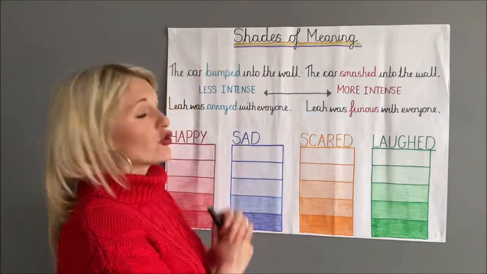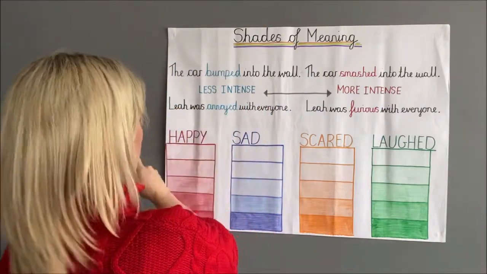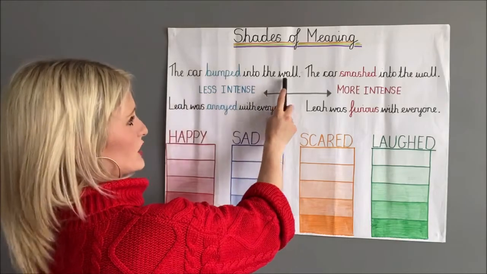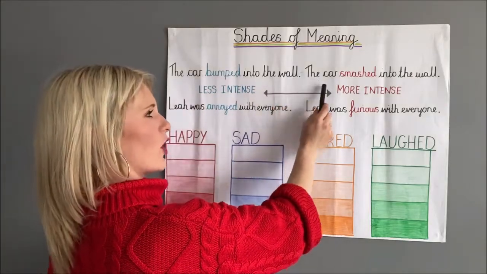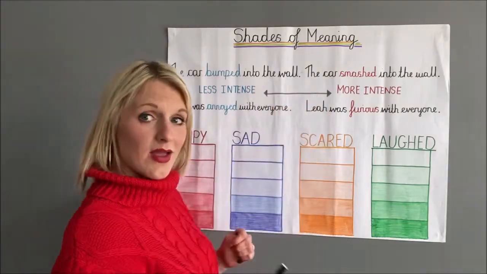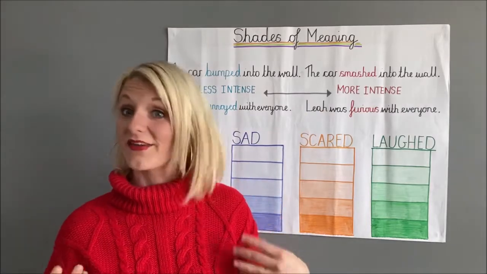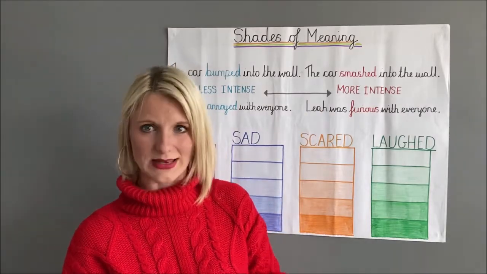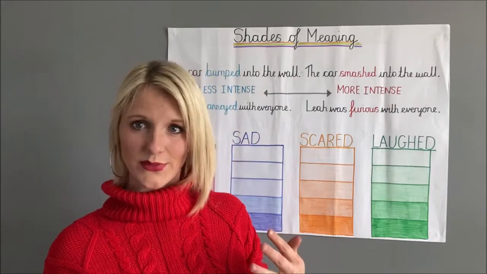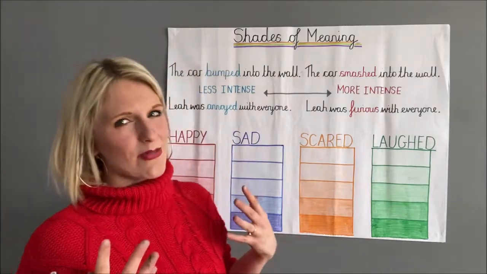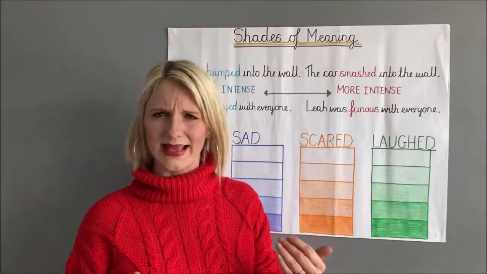So I've got two sentences on this top line. One of them says the car bumped into the wall, and the second one says the car smashed into the wall. Those were both synonyms that were given to me when I asked someone for two synonyms for the word hit. But that's got two very different meanings.